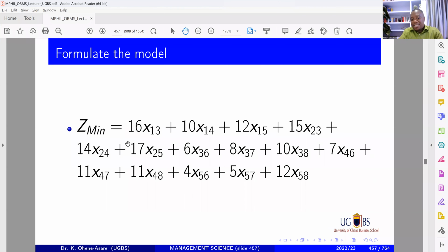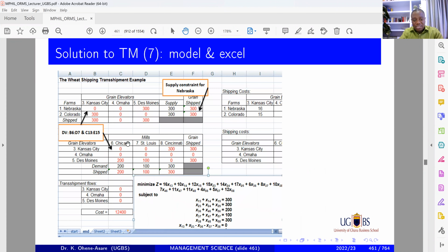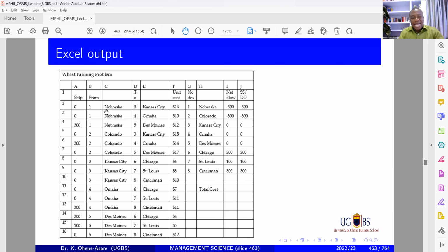If you go to the Excel, let me go down to show you. The one that gave us this -3, which is for Nebraska. To get that, you are supposed to take this one. Let me circle it for you. So you are supposed to add A2 plus A3.